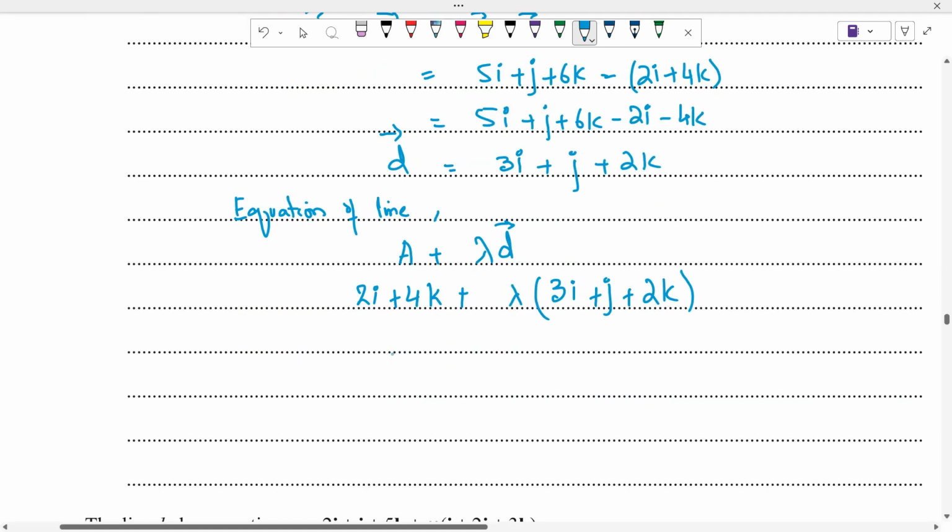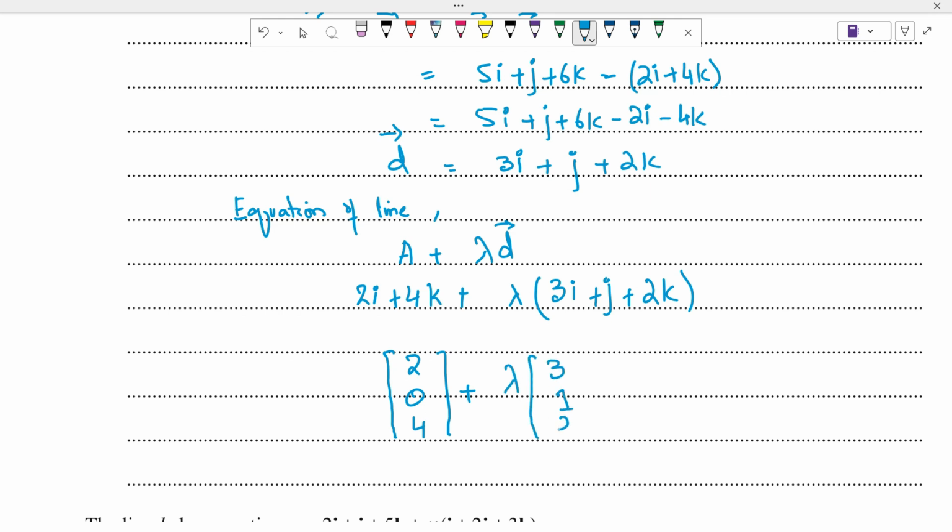We can also write it in this form: 2, 0, 4 plus lambda times 3, 1, 2. This is the vector equation of the line.